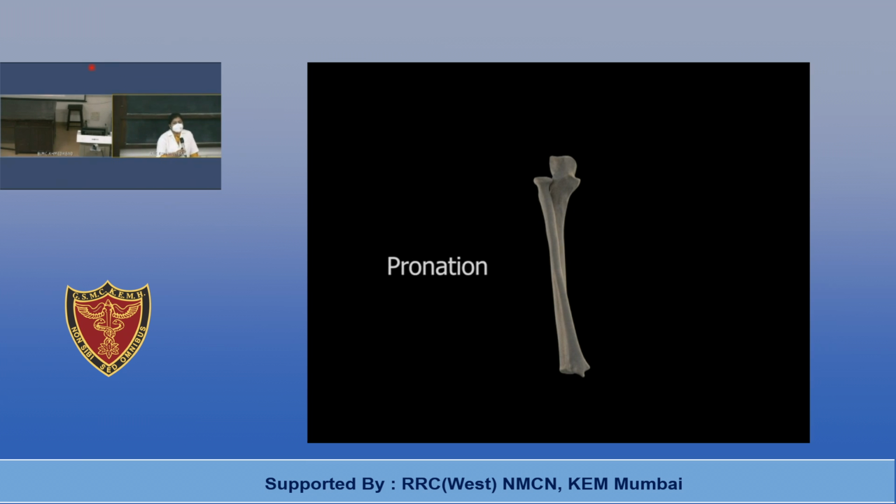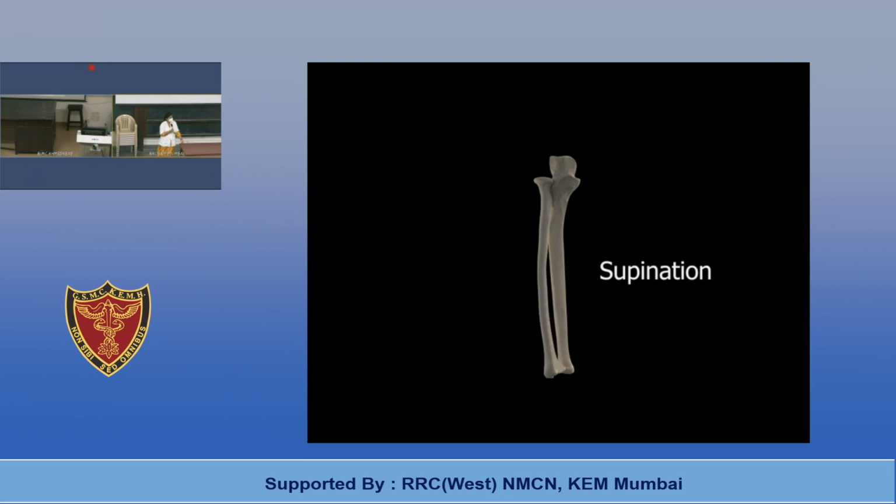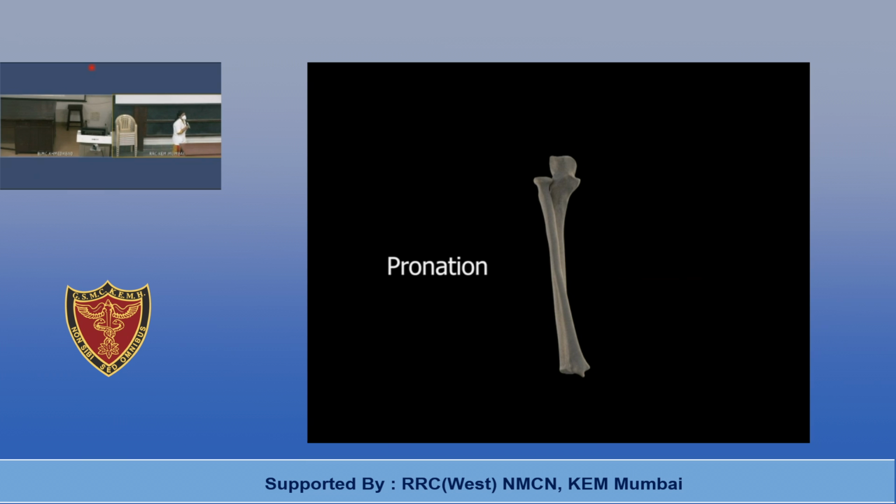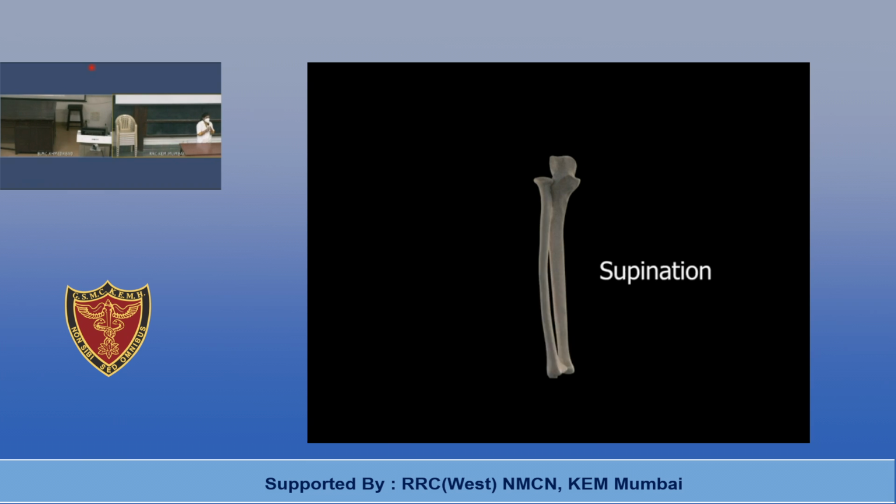Which is the pivot joint seen in head, face, neck? Atlanto-occipital, atlanto-axial, lateral atlanto-axial, median atlanto-axial joint. So, where is the ring?